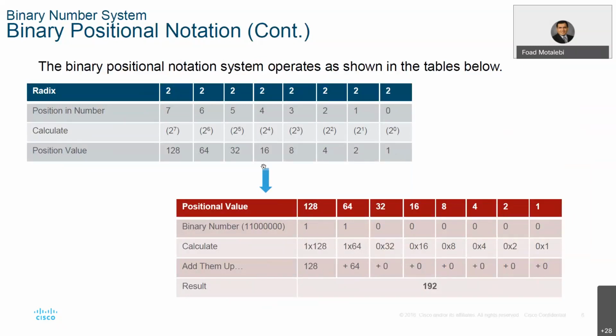So if you can remember these positions, 1, 2, 4, 8, 16, 32, 64, 128, then conversion from binary to decimal becomes very easy.